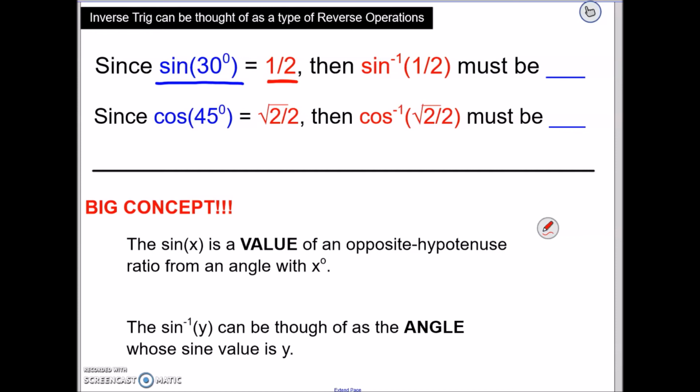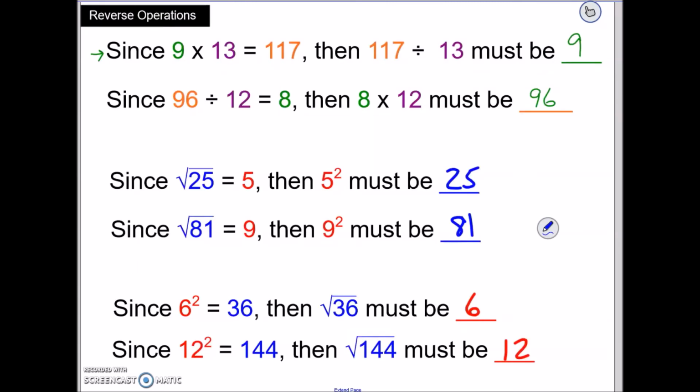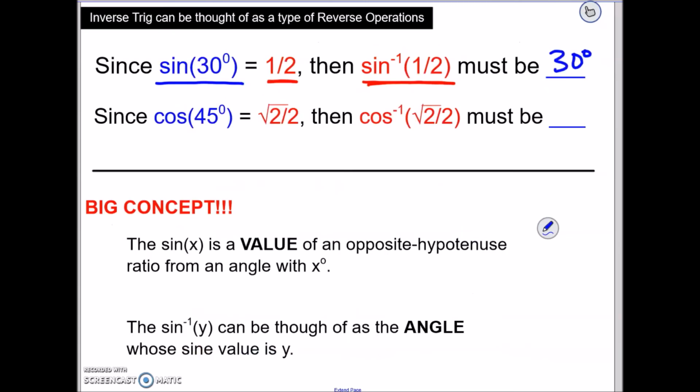So here we're saying if I know that the inverse sine gives me a value of 1/2, then the angle that I'm talking about must be a 30-degree angle. Same kind of concepts that we were doing back here, but now we're doing them in maybe a new way that you haven't seen before. Let me do one more.